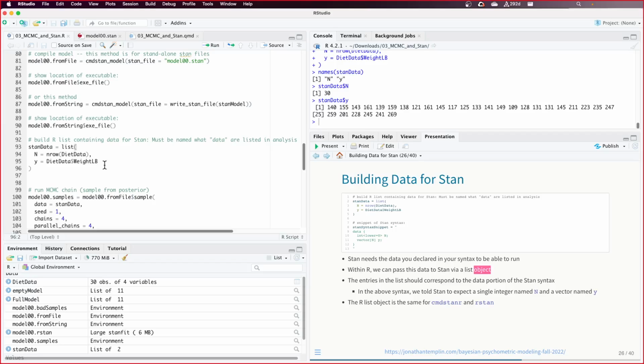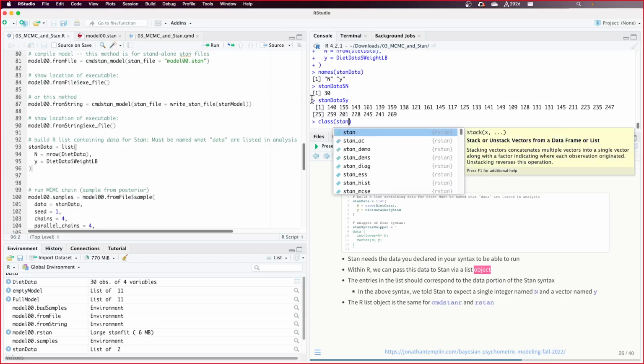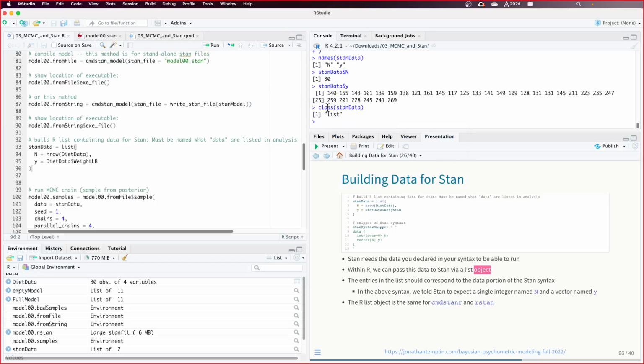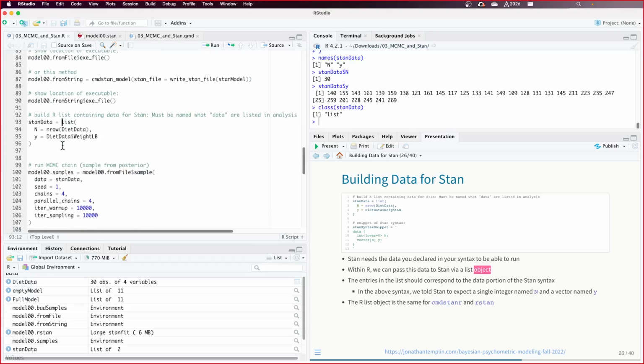Okay? If ever you're confused about whether your thing in R is a list or not, use the class function. That class function should say list. But if you define it as a list using the list function, the output will be a list, unless there's an error. Okay.